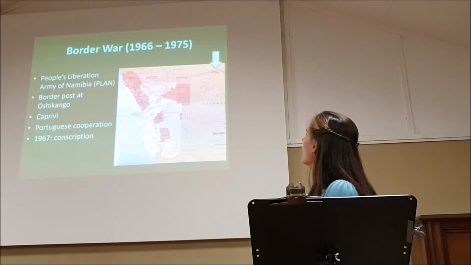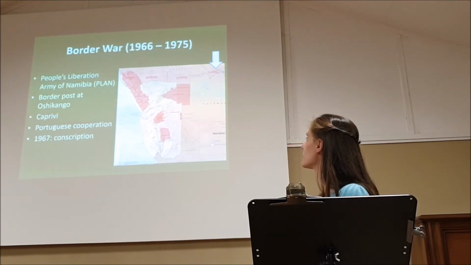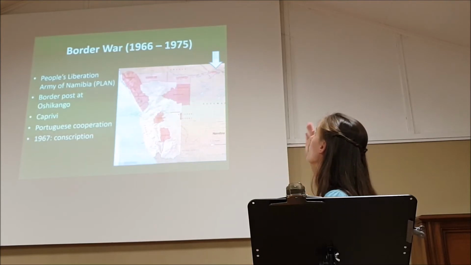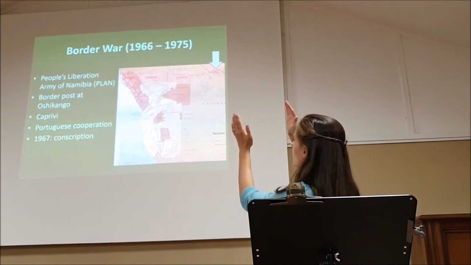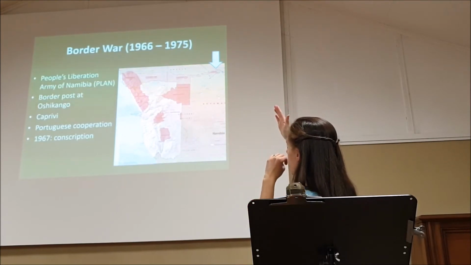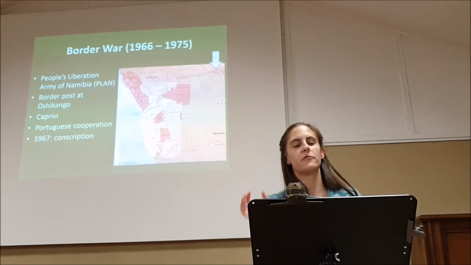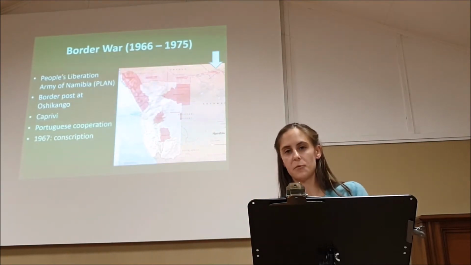Now, I think if we turned off the lights, it would be visible a little bit better, but if you don't see it, trust me. You have Angola for the majority of this map, and then the Caprivi region is where Southwest Africa bordered Zambia.